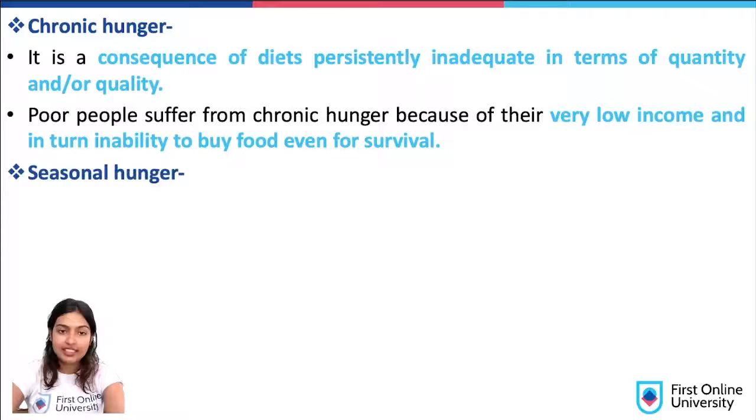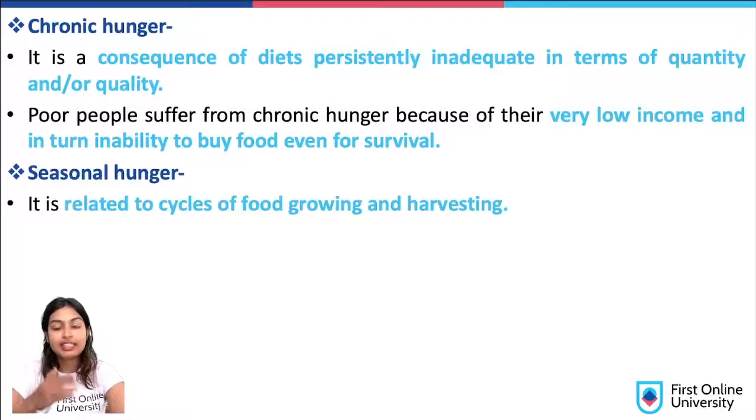Then you have the seasonal hunger. What exactly is seasonal hunger? It's the opposite of chronic hunger, where hunger occurs at short intervals at different seasons, right? It is related more to the agricultural sector, because in agriculture you have a season for growing and a season for harvesting.